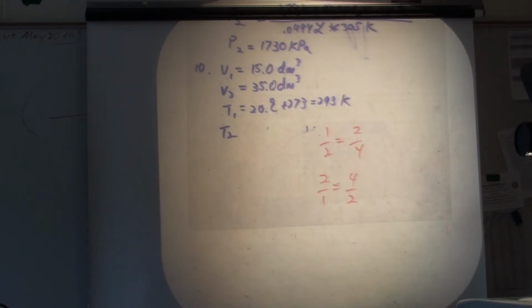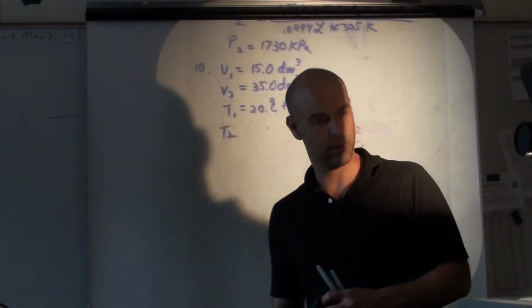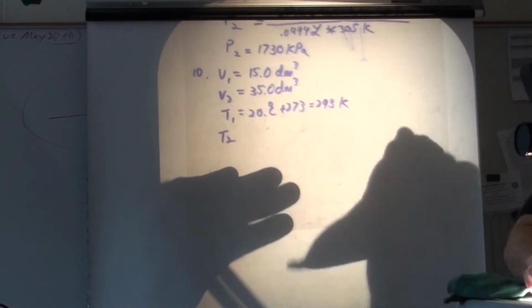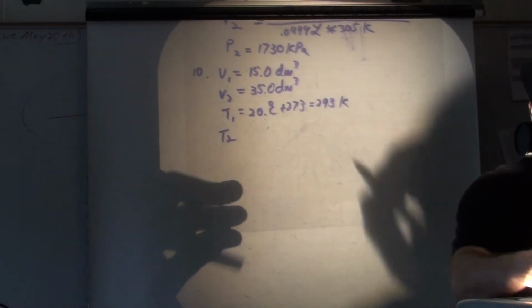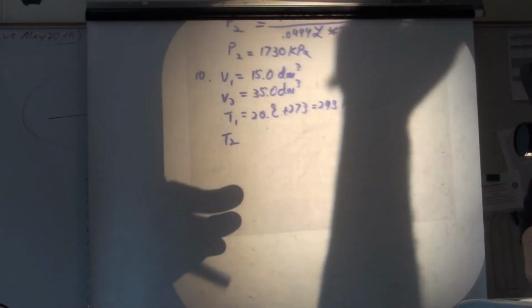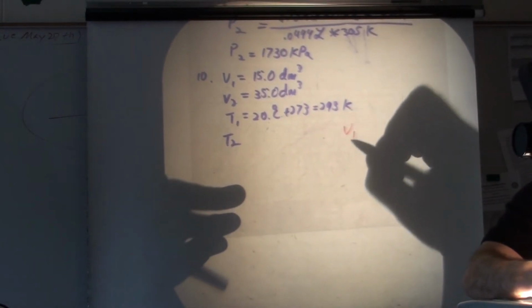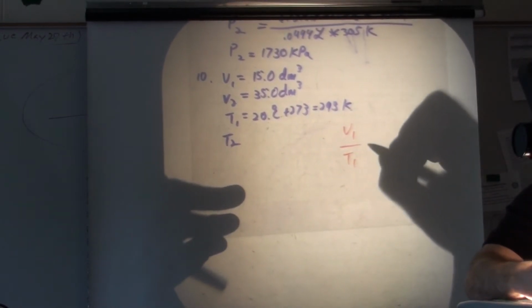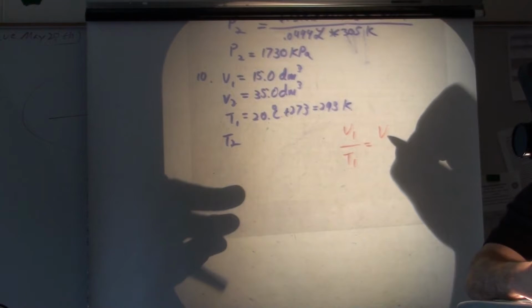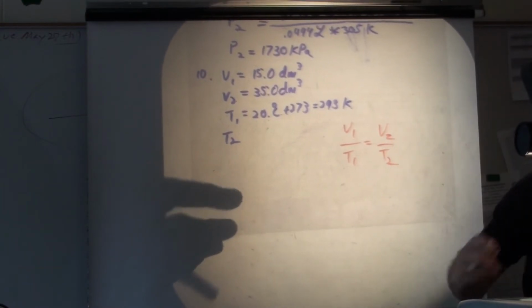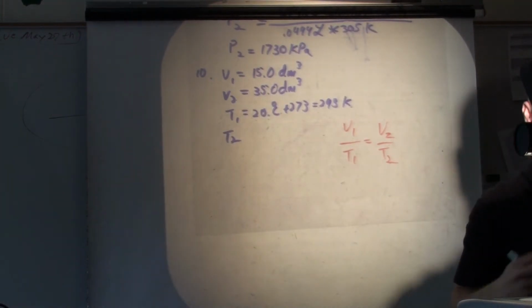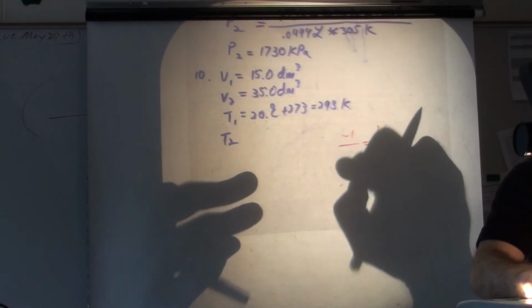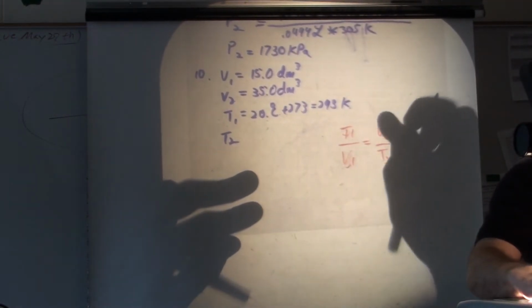This means the top over the bottom. Okay? So the easiest thing is to take these and flip them. So it becomes this.